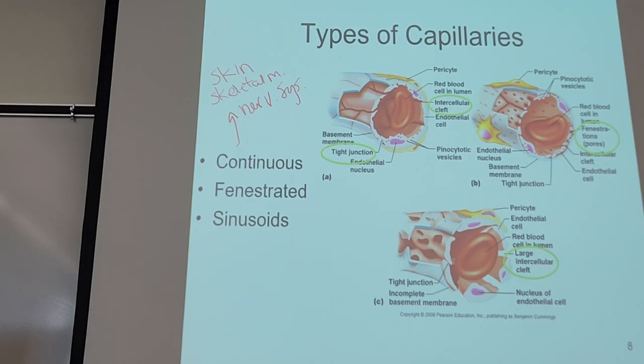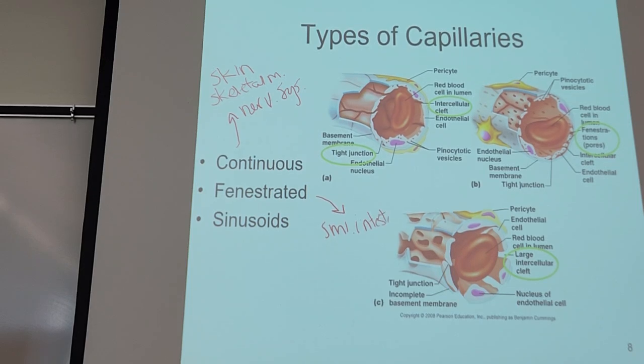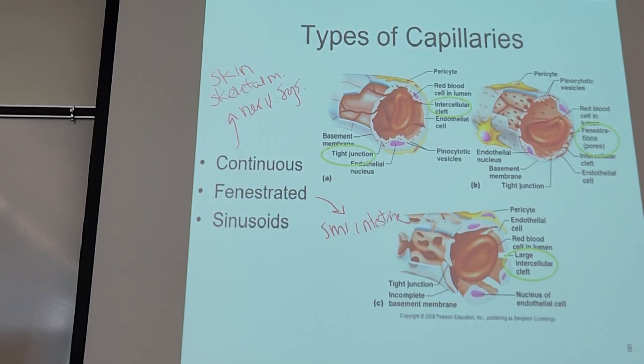So this would be kind of like middle of the road. Okay. So fenestrated capillaries can be found in a couple areas of the body themselves. The first one being the small intestine. Okay, so you want a little bit more leakiness here because you want to absorb nutrients.